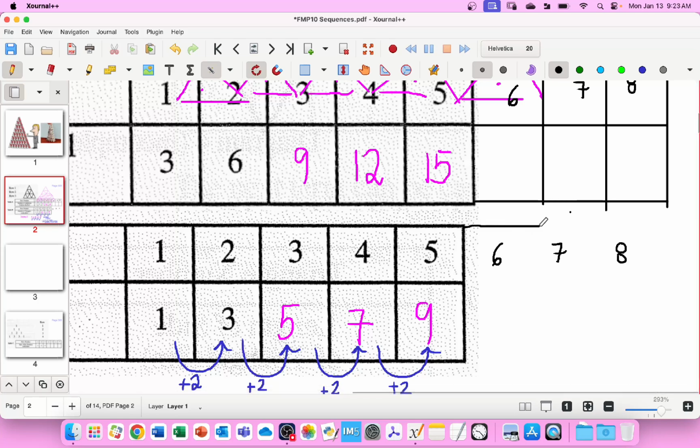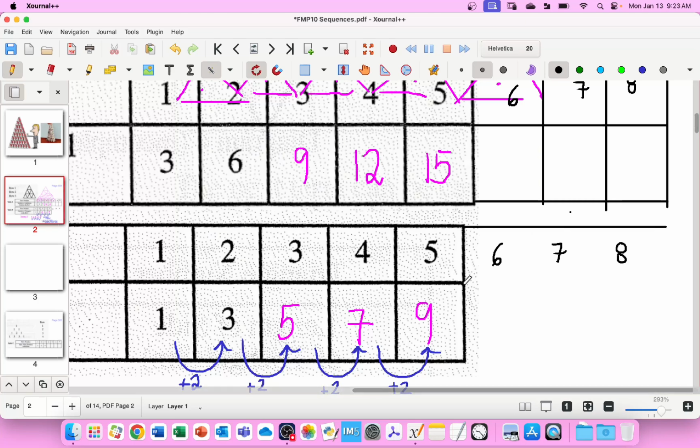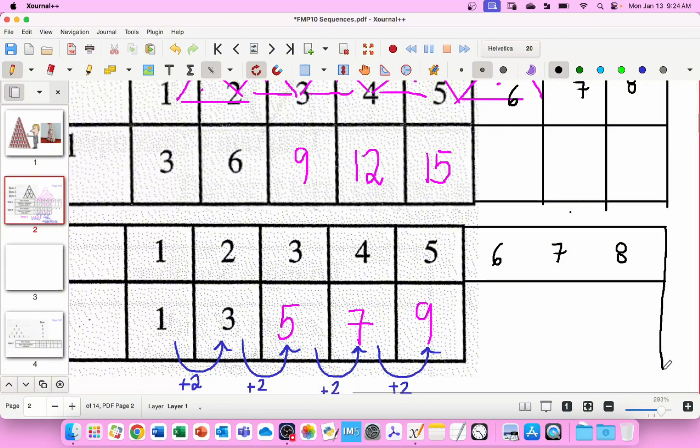I can pretty much just think about the way that this sequence is changing each time and go from there.